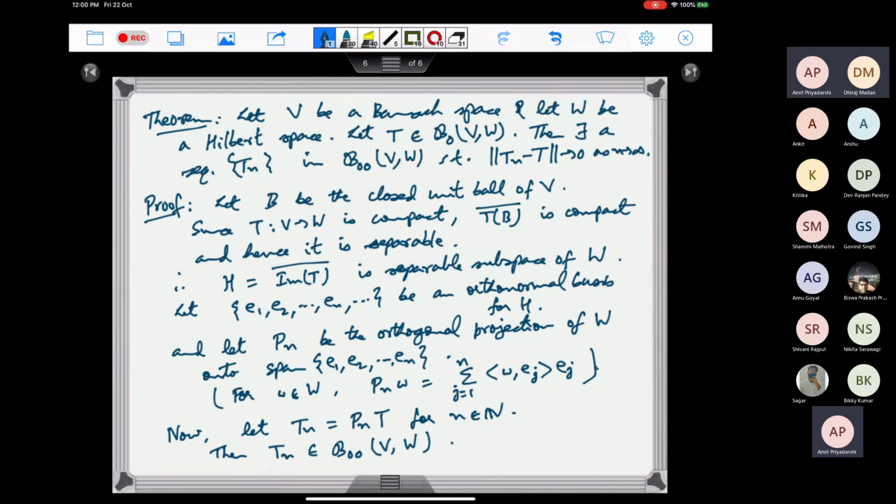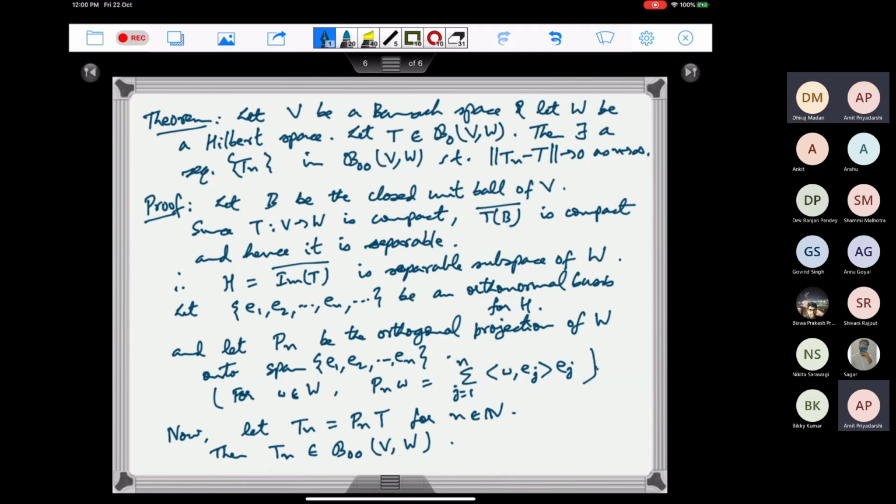How do we know it is separable? Which one is separable? TB bar, you said, is compact and is hence separable as well. How is that? That is a general result for topological spaces, right? If any space is compact, then it has to be separable.